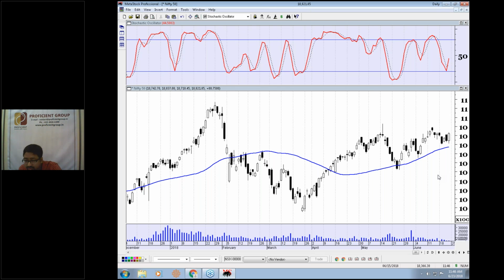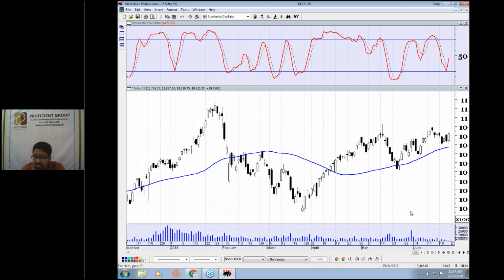However, in the whole process, we are having 2-3 higher bottoms. The first one is here, which occurred on 23rd of May, at 10,430. The second one occurred on 5th of June, at 10,593. And so far, the 19th June low is holding on. It occurred at 10,710.